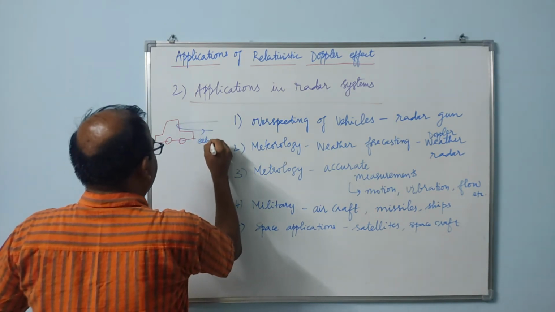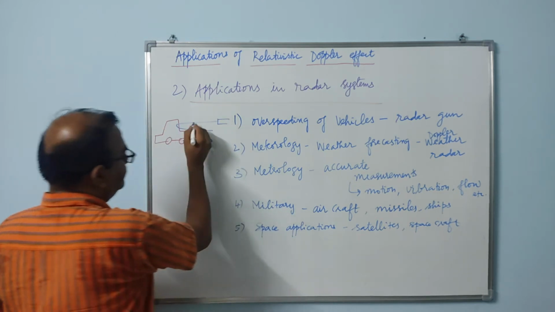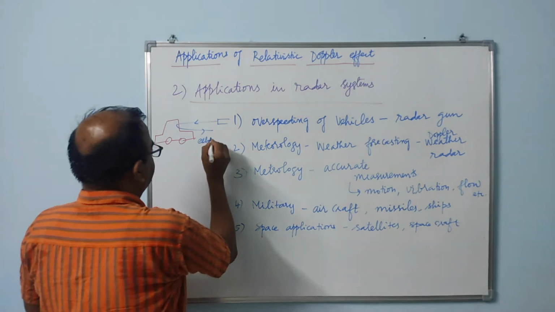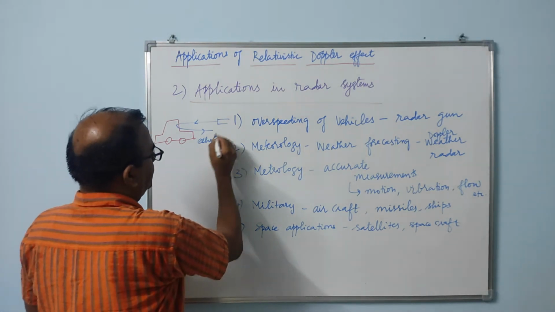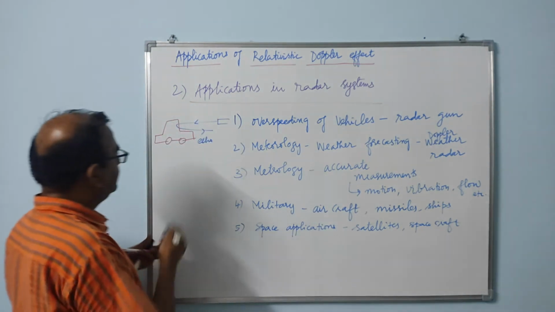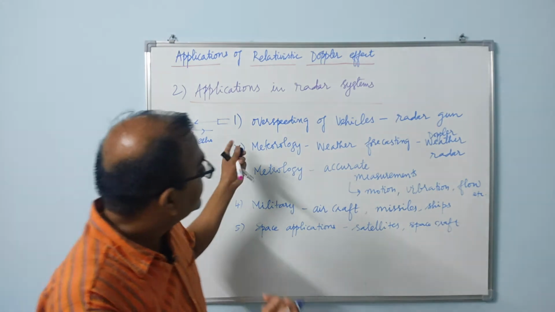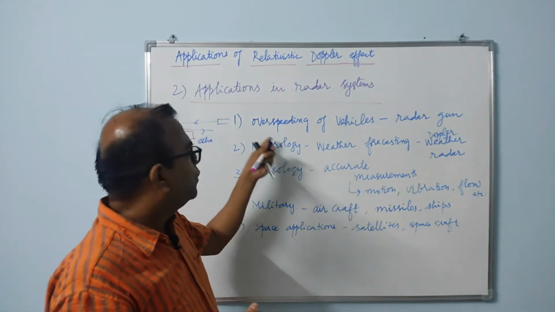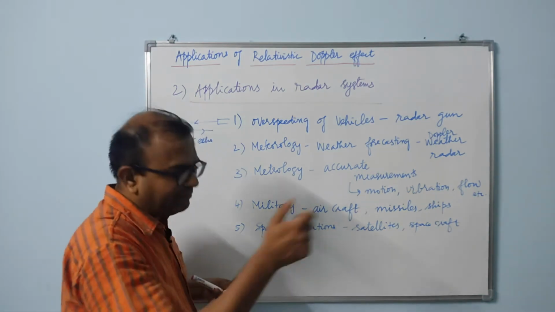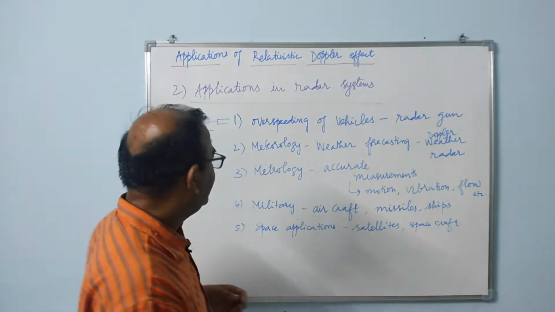That reflected ray is called an echo, and so the gun fires a wave, and then the reflected wave can be analyzed for a Doppler shift, and that would indicate the velocity of this object and how fast it is speeding. So whether it is overspeeding or not, whether a ticket should be issued or not, can be decided based on that simple radar gun. It's a very popular application of the Doppler effect in radars.